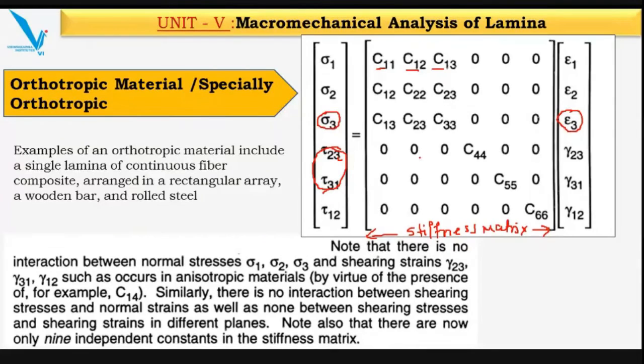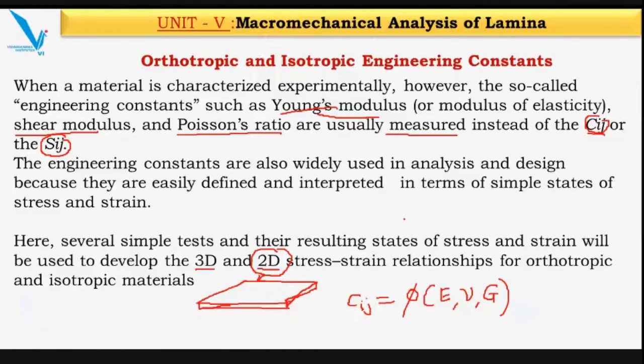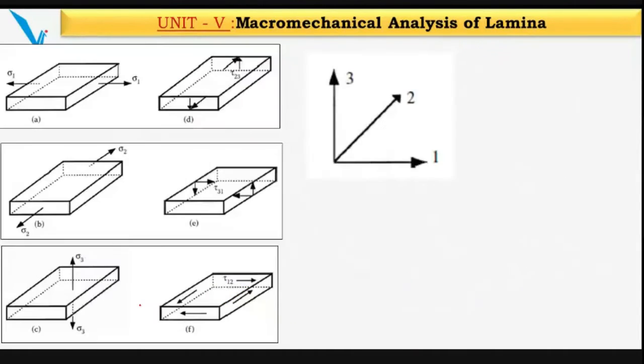So these equations can be easily reduced for the 2-dimensional structure. How it can be done, we'll also see. So these relations can be used for 3D or 2D structures, for orthotropic and isotropic material.